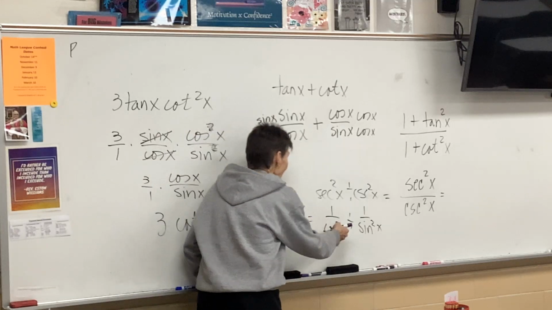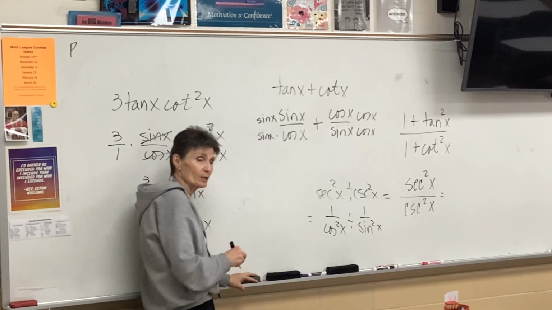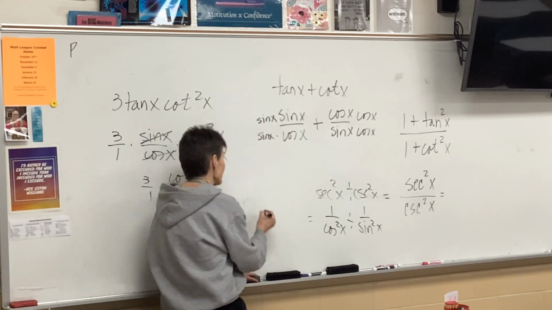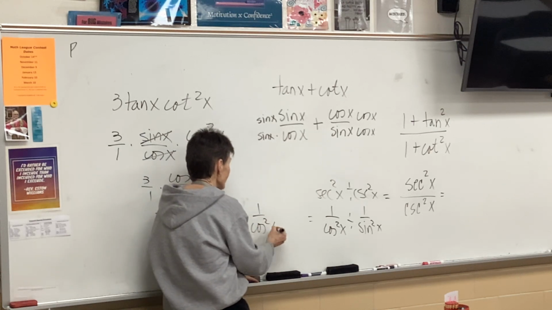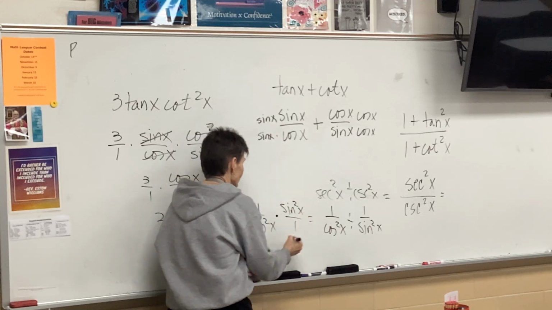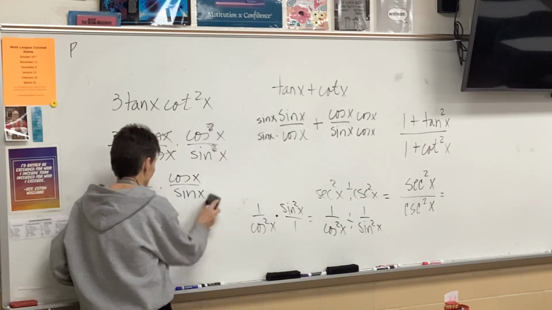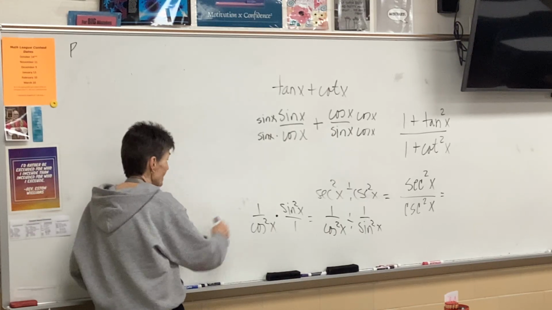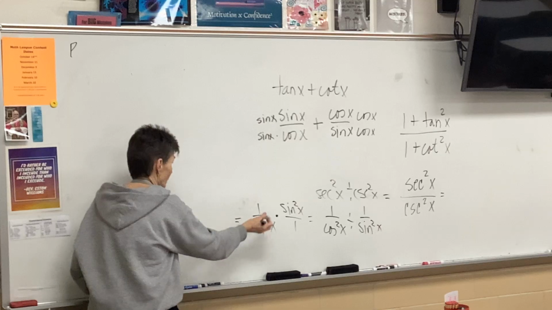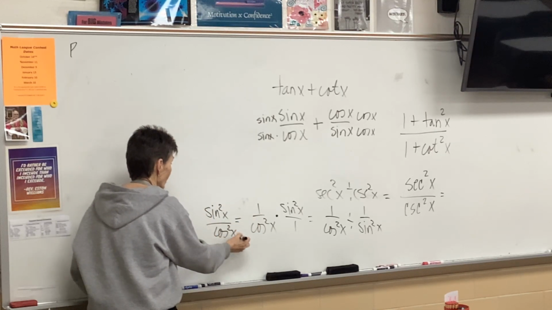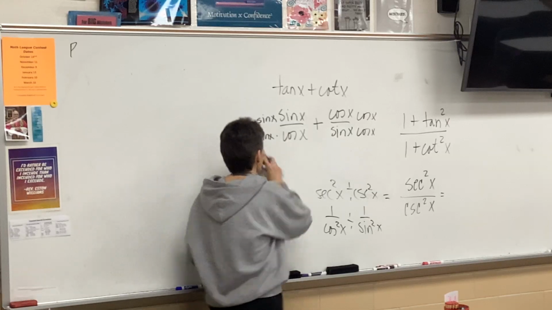Now I have a fraction divided by a fraction. Keep, change, flip. So 1 over cosine squared times sine squared over 1. Nothing cancels, so I'll just multiply and get sine squared over cosine squared. Uh-oh, you should recognize that.